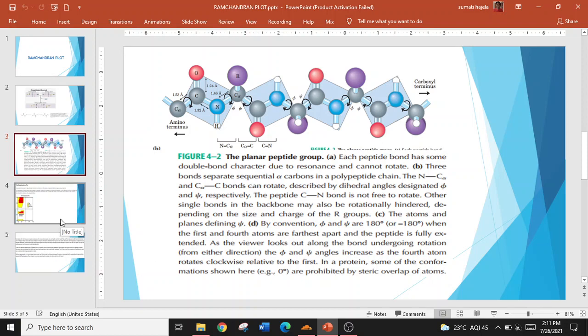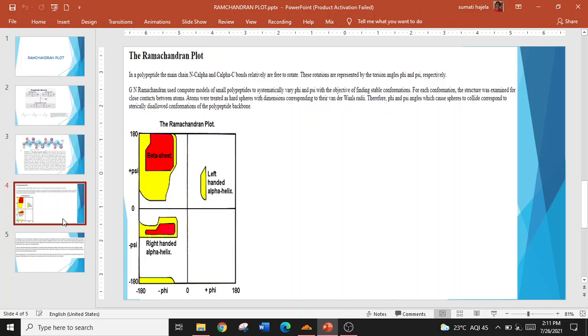This is the Ramachandran plot. Here on this coordinate they are showing the phi angle, and here they are showing the psi angle. Again in this coordinate, this is minus phi and plus psi. We can read from here also.